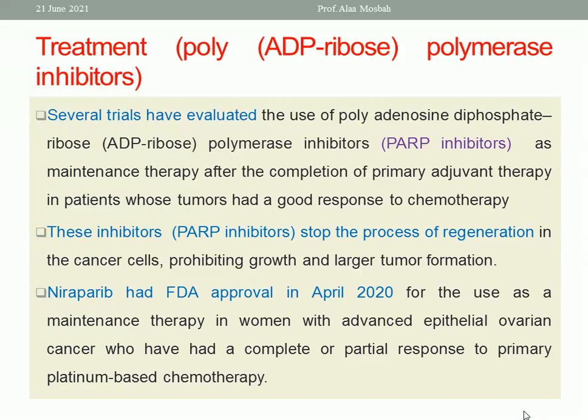Niraparib had FDA approval in April 2020 for use as a maintenance therapy in women with advanced epithelial ovarian cancer who have had a complete or partial response to the primary platinum-based chemotherapy.